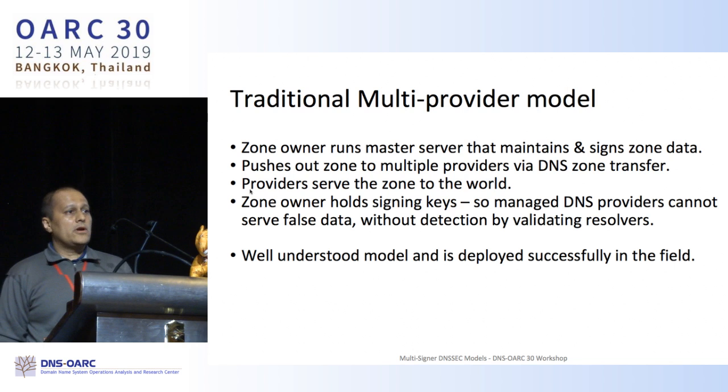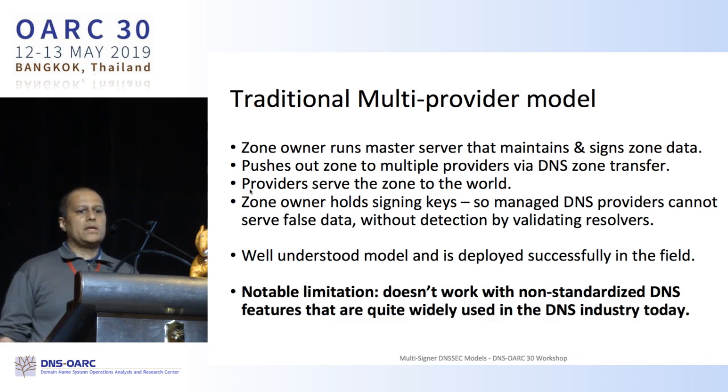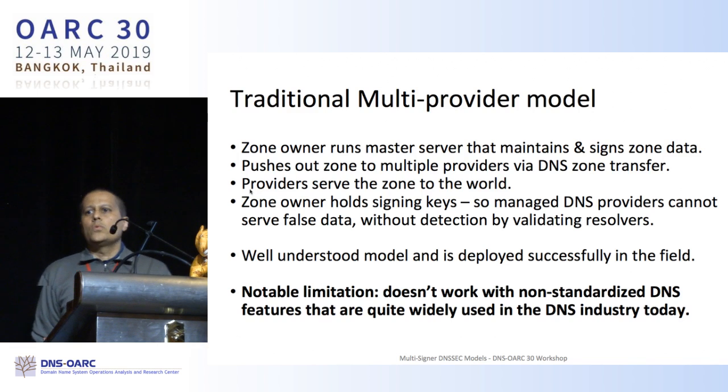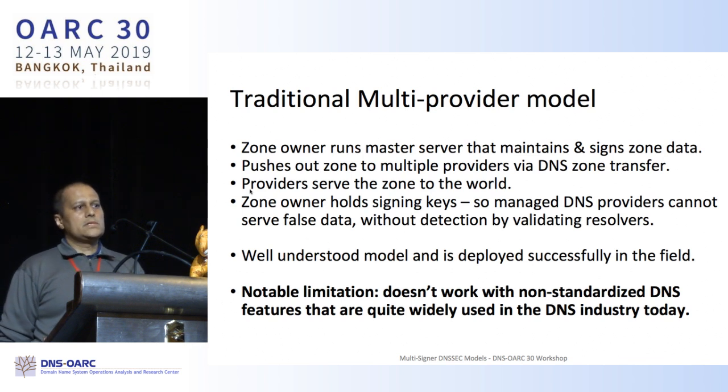This is a very well understood model. It's been deployed successfully in the field many times by many folks. But it has one notable limitation, namely that it doesn't work with a certain class of non-standardized DNS features, often dynamic features, but still quite widely used in the DNS industry today.